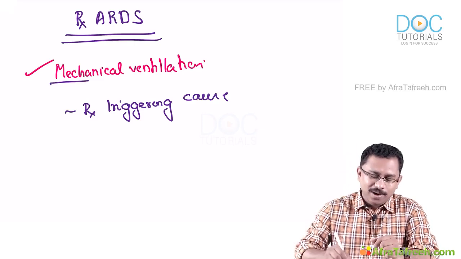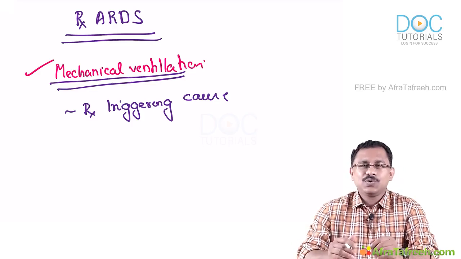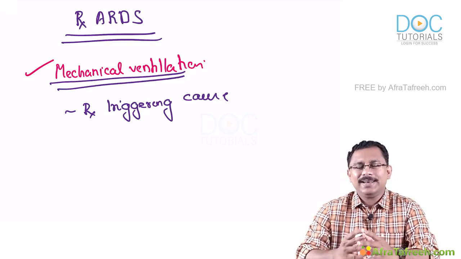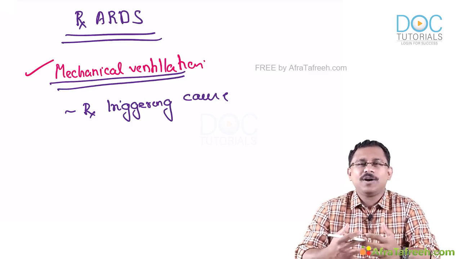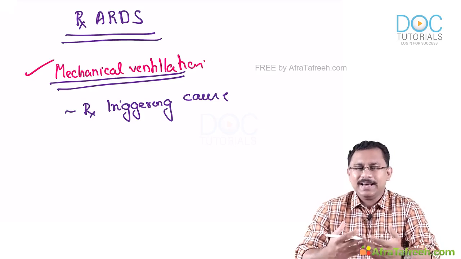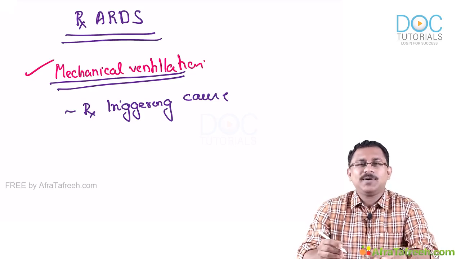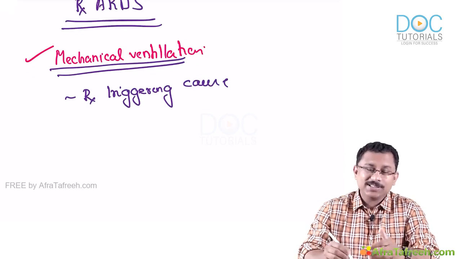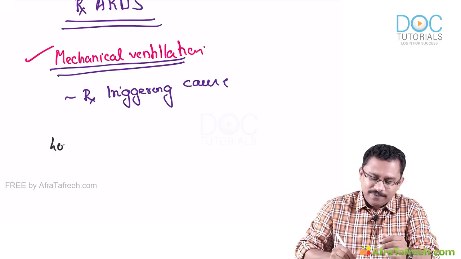Now, I told you mechanical ventilation is the most important aspect. There are different strategies which have been proposed for mechanical ventilation in ARDS. Out of all these strategies, the most important one, which has the best results, is low tidal volume ventilation.